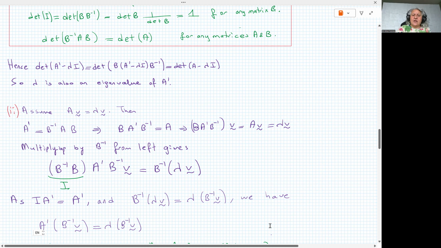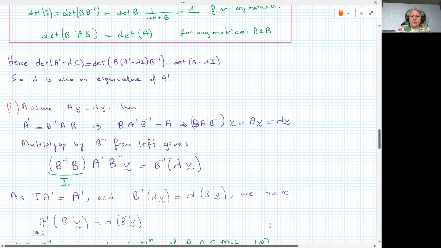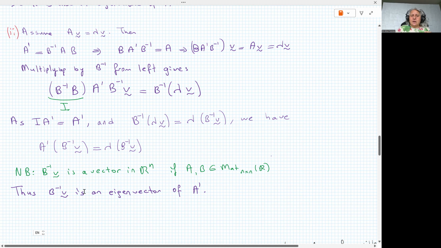This means, by definition, I just remind you that B inverse V is a vector in Rn if A and B are n by n matrices. This is a vector in Rn. And that is an eigenvector because of the eigenvector definition. We have A prime, a vector, lambda, and the same vector. So it means that this vector is an eigenvector corresponding to eigenvalue lambda.